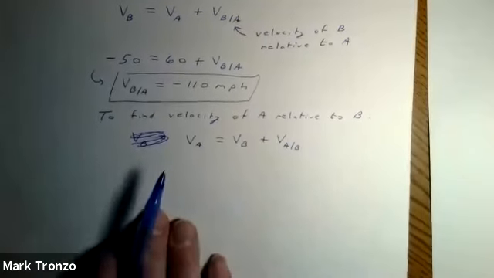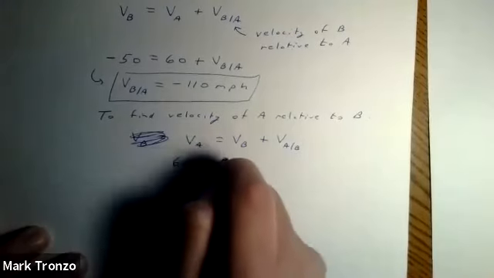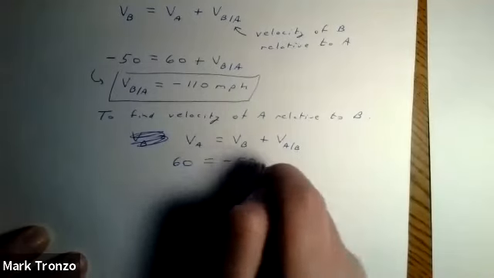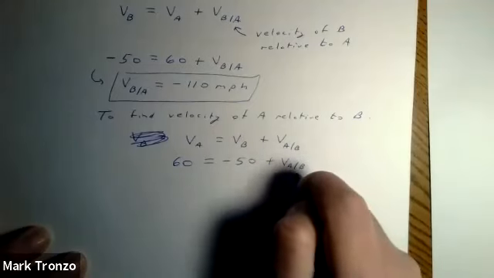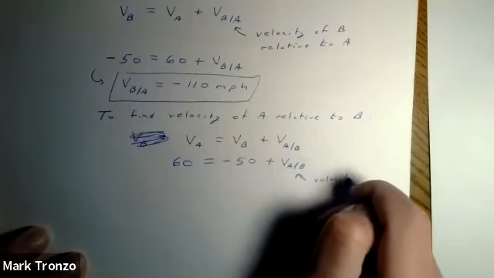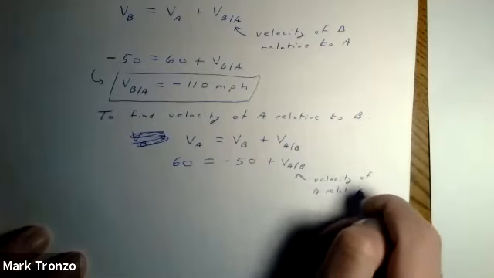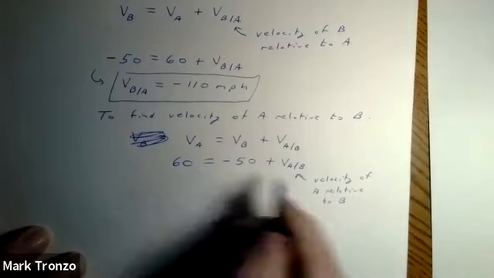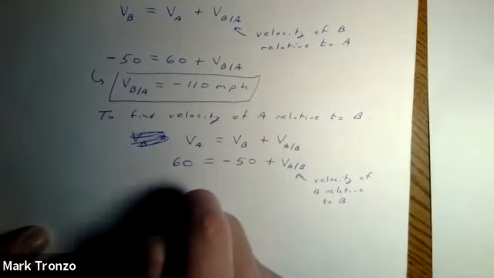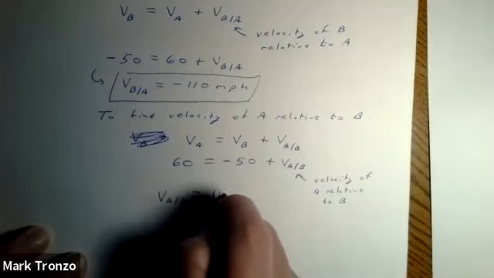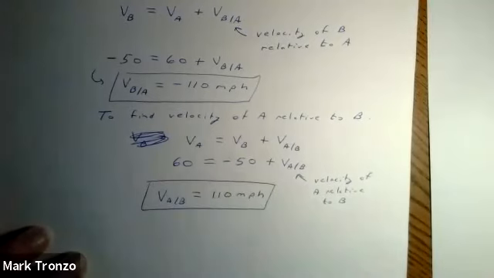So again, to find the velocity of A relative to B, put the velocity of A in, velocity of B, plus the velocity of A relative to B. When you solve, you have velocity of A relative to B. If you're in car B, it looks like A is moving in the positive direction, 110 miles per hour.